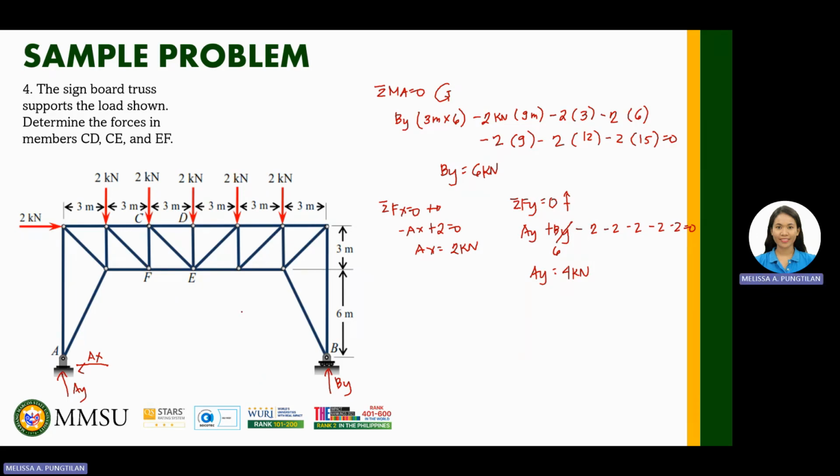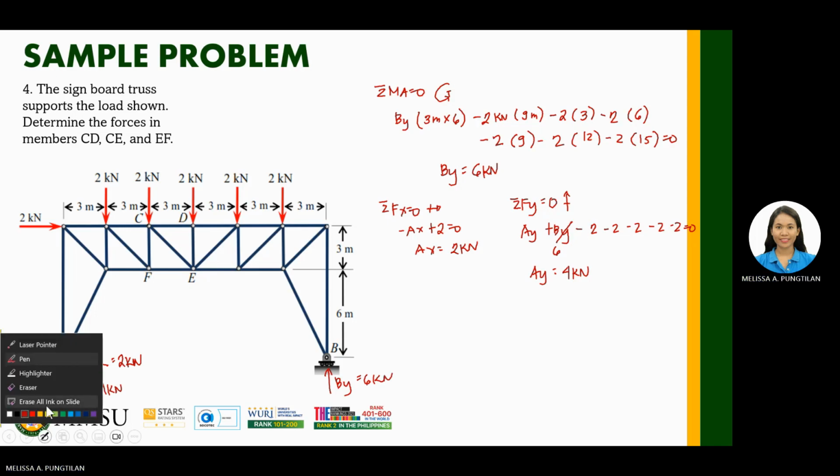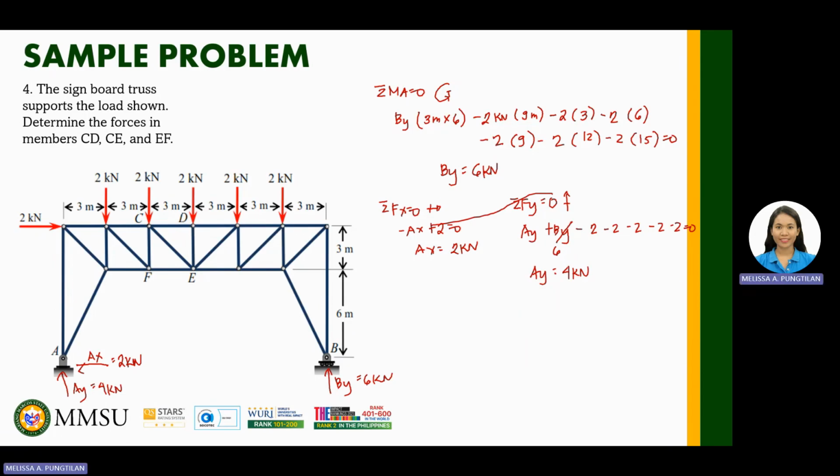4 kilonewton. AY. AX, 2 kilonewton. BY, 6 kilonewton. Okay. By now, nakikita nyo na siguro kung saan tayo magka-cut.